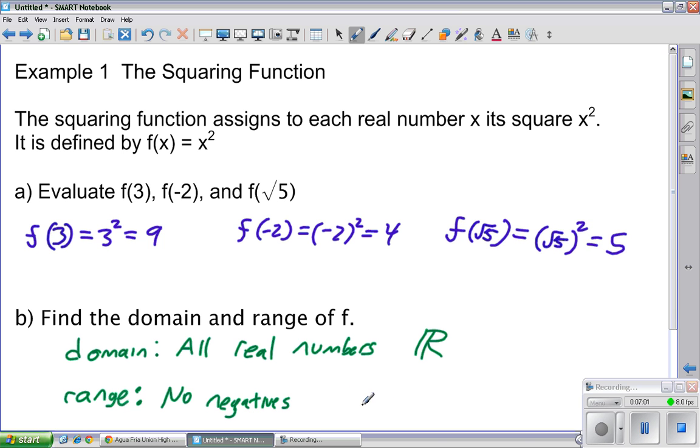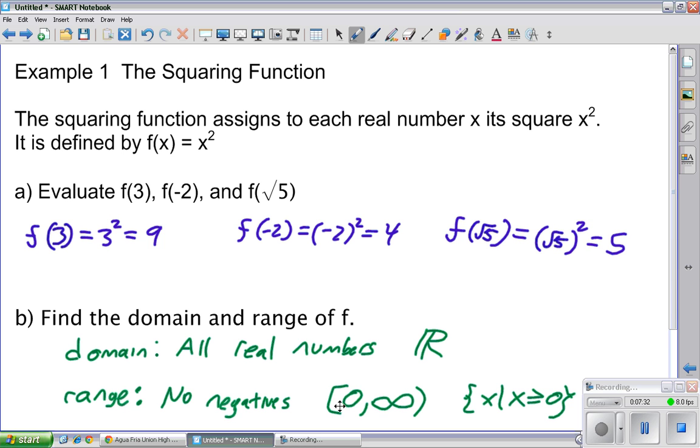So you could write that as an interval for the range. You could say 0 we said was okay, so you can include 0 up to infinity. Or you could write it as an inequality. You could say it's a set of all x's such that x is greater than or equal to 0.